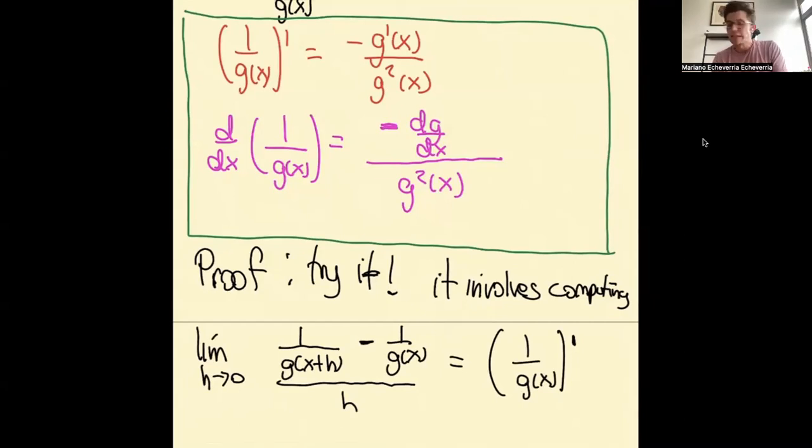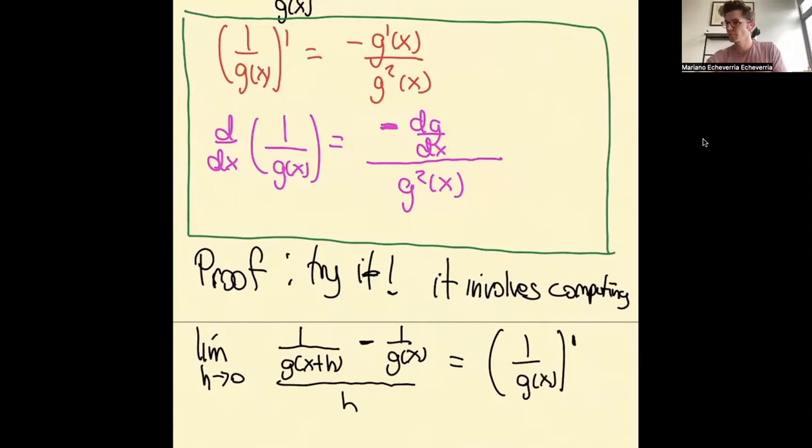And here, if you wanted to compute it, you just have to put these two terms in a single fraction using the common denominator. And then you just play a little bit with the formula. It's not too bad of a proof, but I don't want to go over every single proof for a derivative formula because then we would spend too much time.